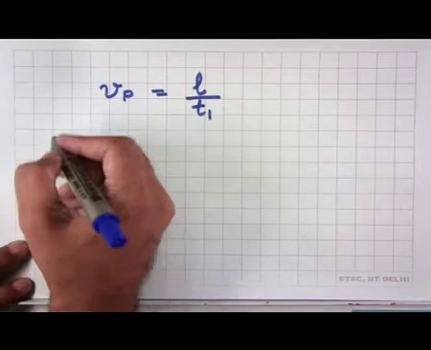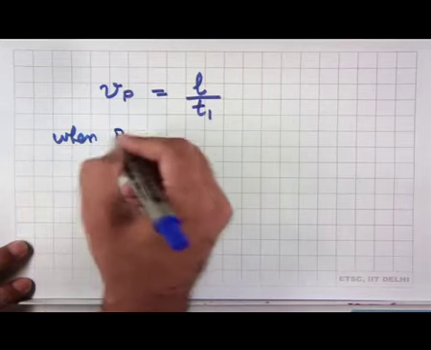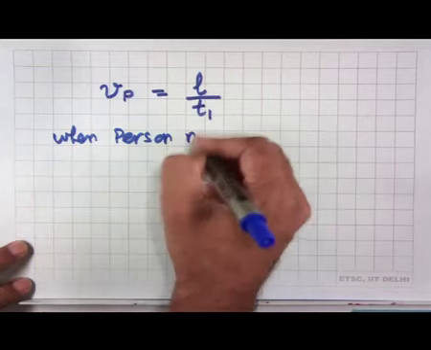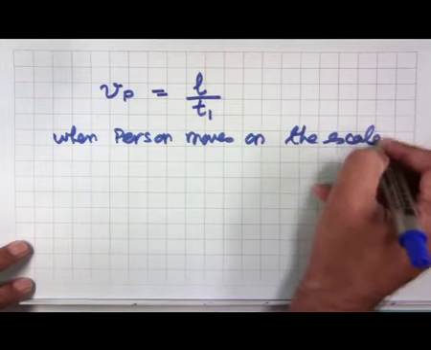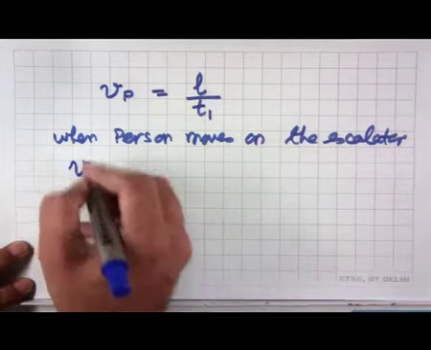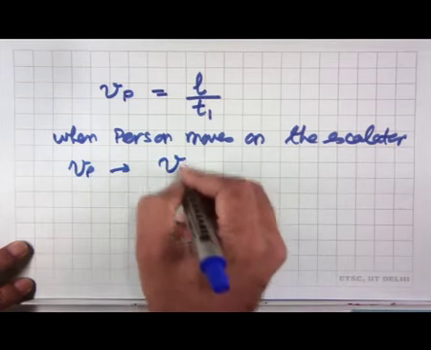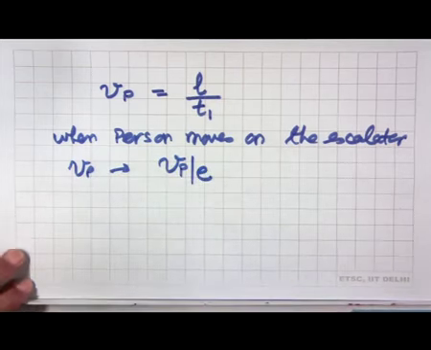Now, when the person moves on the escalator, then this Vp becomes the velocity of the person with respect to the escalator.